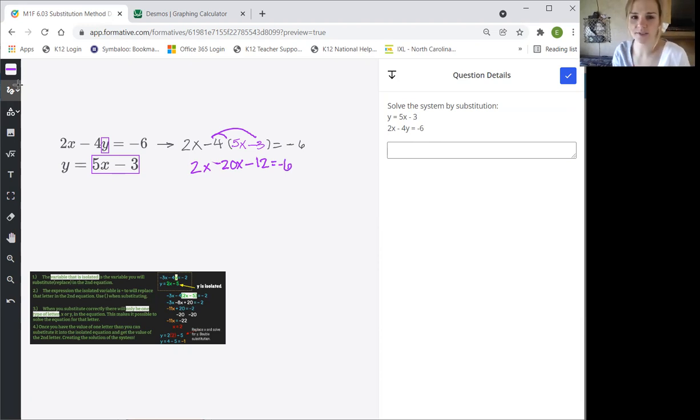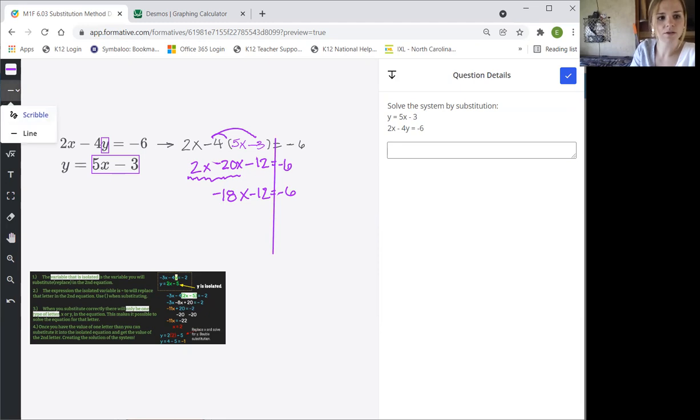Then we can continue to solve here. We want to combine our like terms. So 2x minus 20x gives us -18x minus 12 equals -6. Make sure you don't forget your line as well. Then we need to add 12 to both sides.